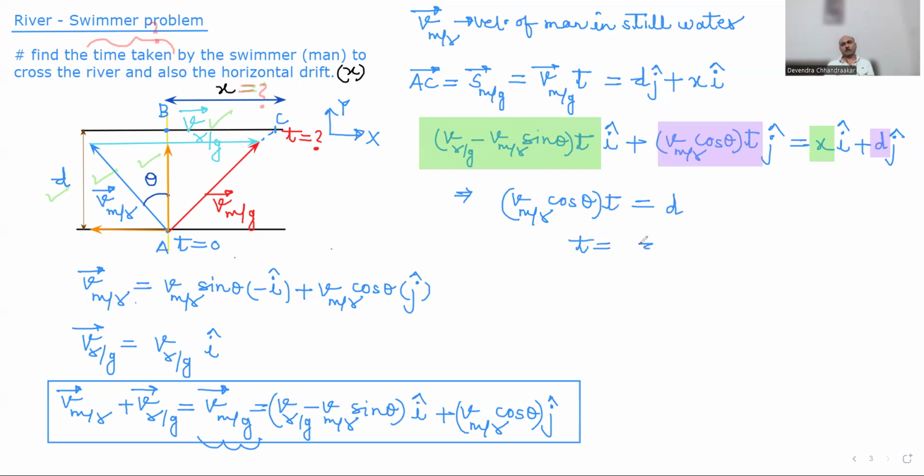So what is the value of t? It's d upon VMR cos theta. Yes or no? Yes, sir. This J component is equal to this J component, so VMR cos theta t is equal to d. Now what about this one? It's VRG minus VMR sin theta into t is equal to x. So this is how you get x here.